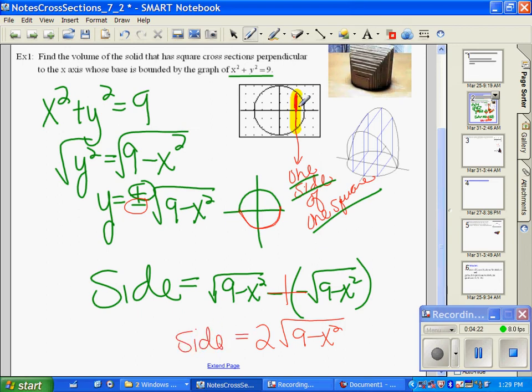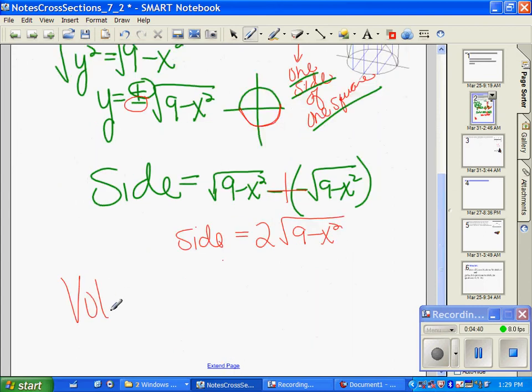Now that I have found the full length of this, if that is a whole bunch of slices of squares, you need to think about the cross-section. What's the formula if I have a 3D figure with a whole bunch of squares shooting up? Before we used pi r squared, but this is not a circle, it's a bunch of squares. So what's the area formula for a square?